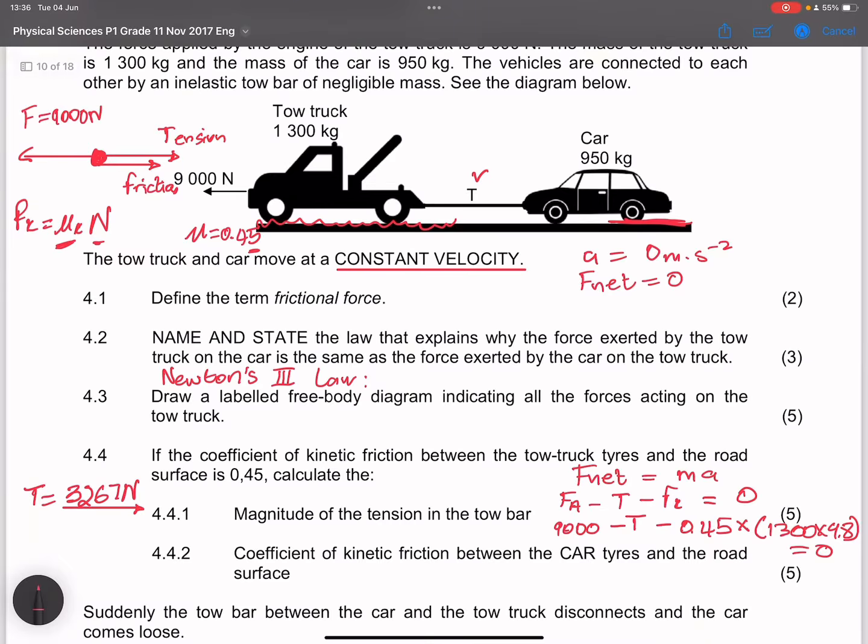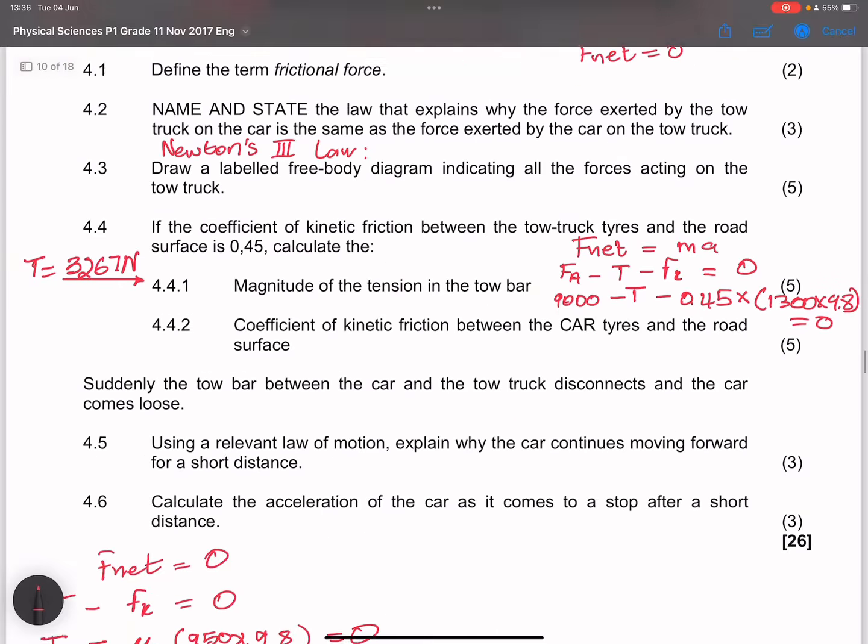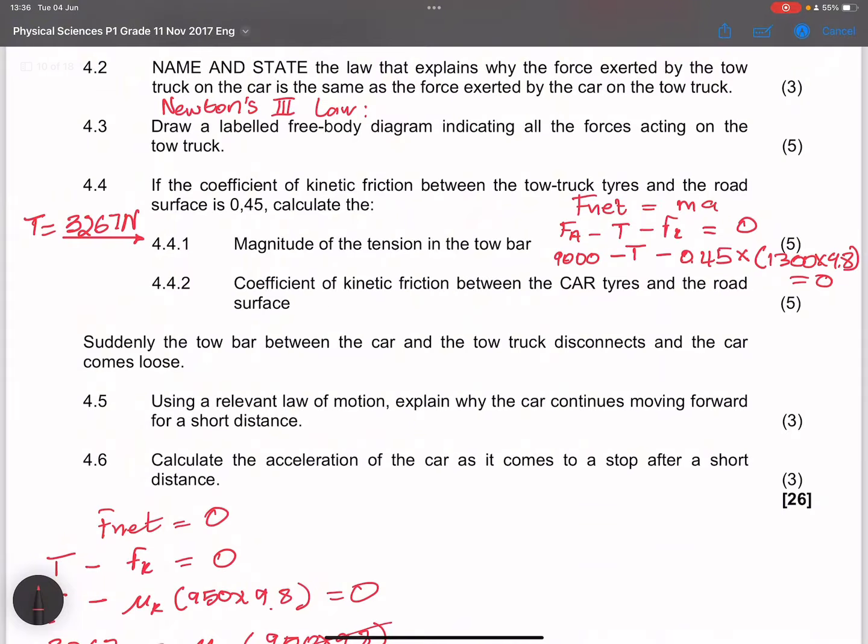So in this case, what happens to the car? The only force now acting on the car will be the frictional force. Remember that because friction is the only force that acts on the car, the car will begin to slow down and as a result eventually come to a stop.